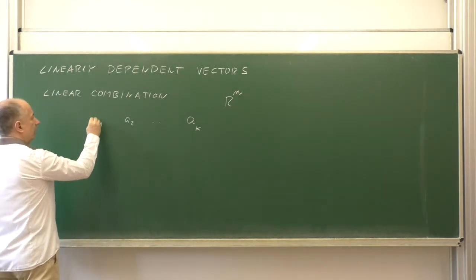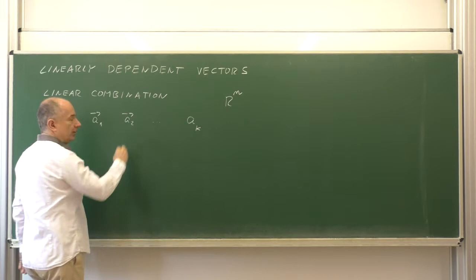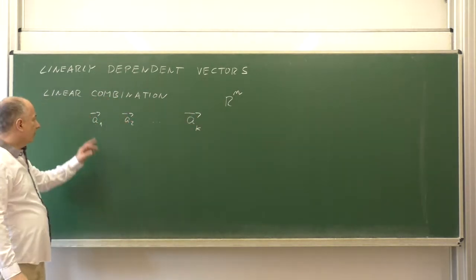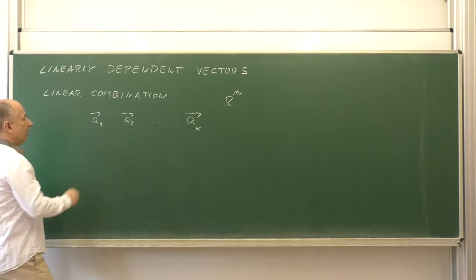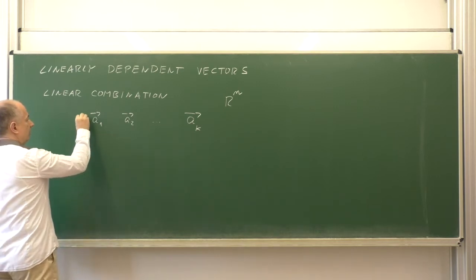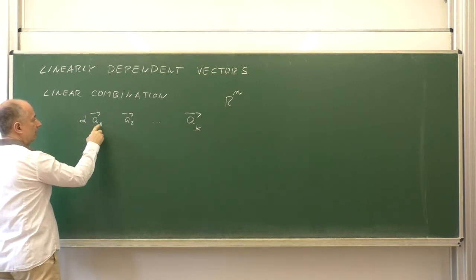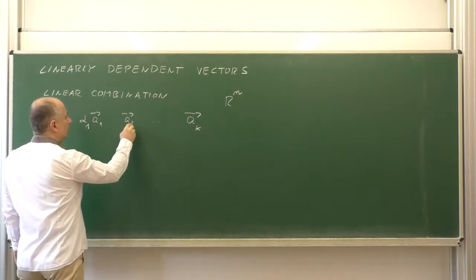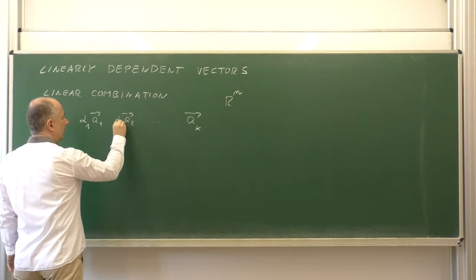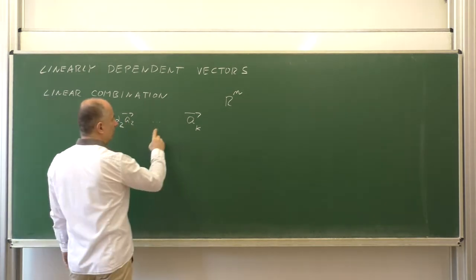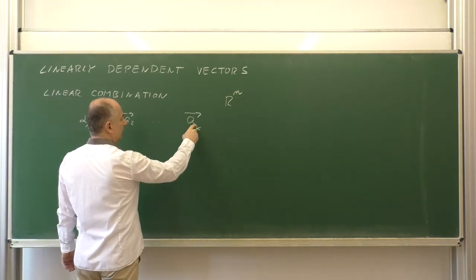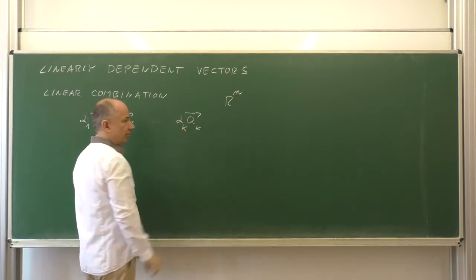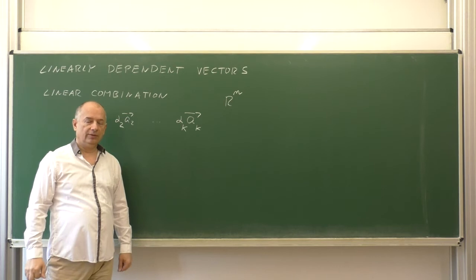We can multiply, vectors should be denoted by a symbol with an arrow, each vector by a scalar. Say we multiply the vector a1 by scalar alpha 1. We multiply the vector a2 by another scalar alpha 2, up to the last vector a sub k, which can be multiplied by a number alpha sub k.